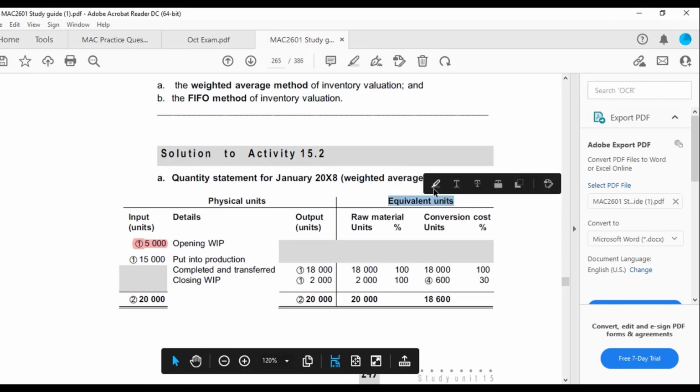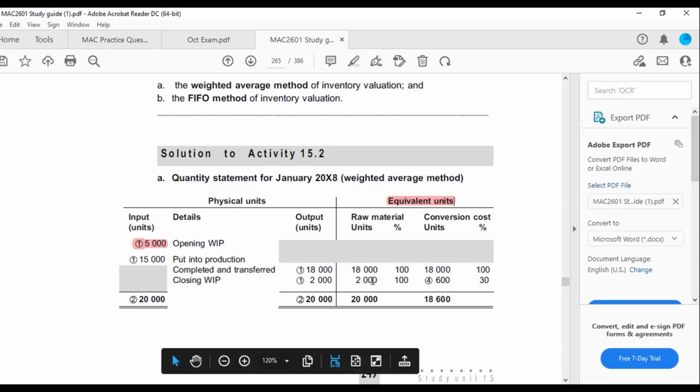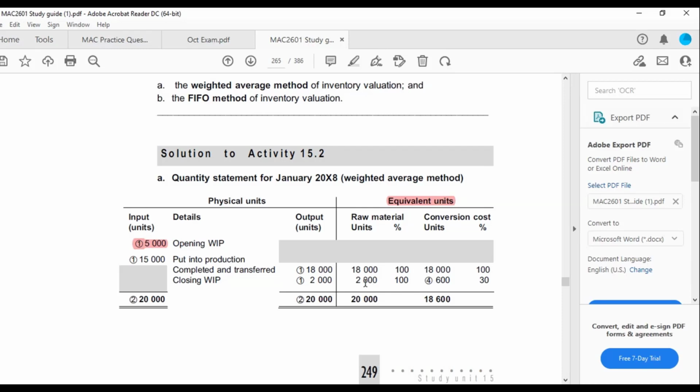When it comes to equivalent units, for raw material it is 18,000 and the WIP is at 2,000, so it's 20,000 at 100%.